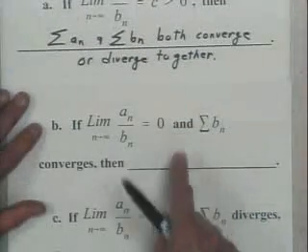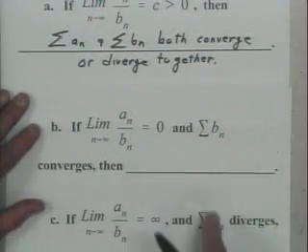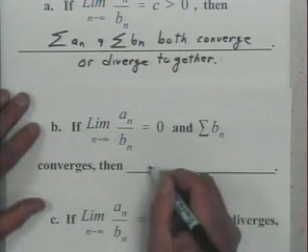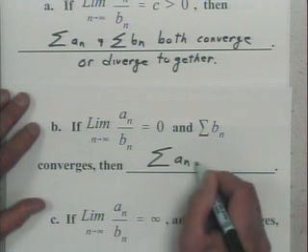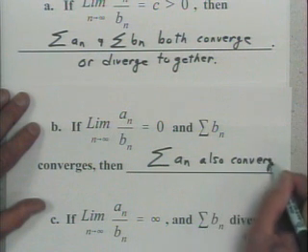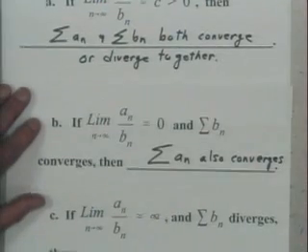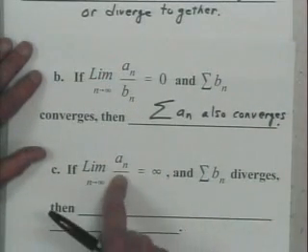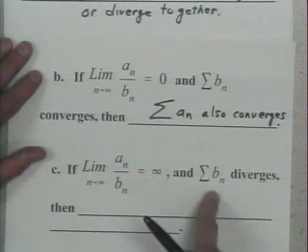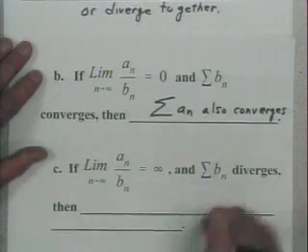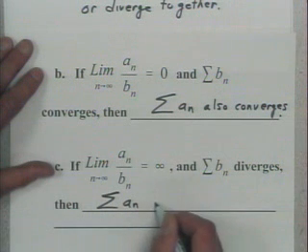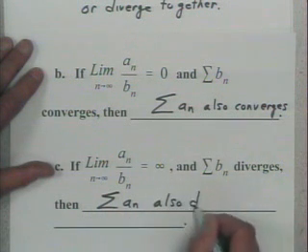Okay, what if that limit turned out to be 0? Then if the series whose term is on the bottom here converges, then the a sub n series also converges. Well, what if that limit turns out to be infinity? Well, then if the series whose nth term is on the bottom diverges, then we will guarantee that the series a sub n also diverges.